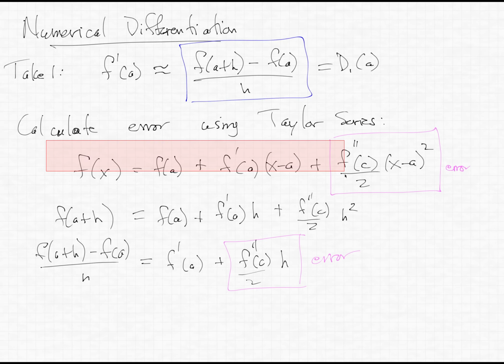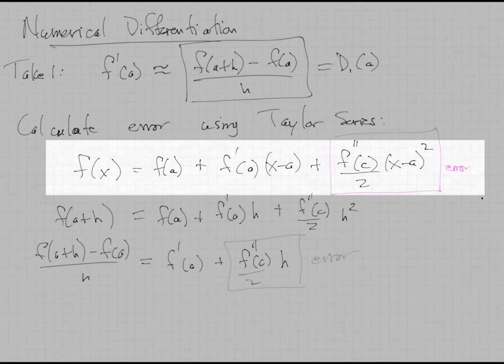So recall that the Taylor series says that f of x is equal to, and here I'm expanding the Taylor series about the point a. So if x is a point nearby to a, then f of x will be equal to f of a plus f prime of a times x minus a, and then plus an error term.